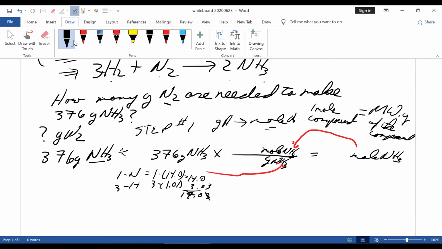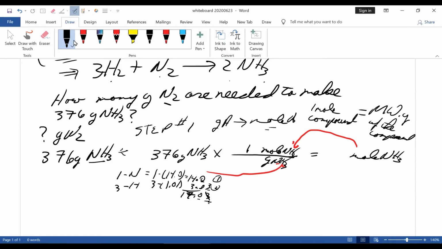Remember, when you're adding, you have the same number of significant figures past the decimal as the number with the fewest. This is 1, this is 2. Round this off to 1, keep that. That's 4 or less, I drop it.